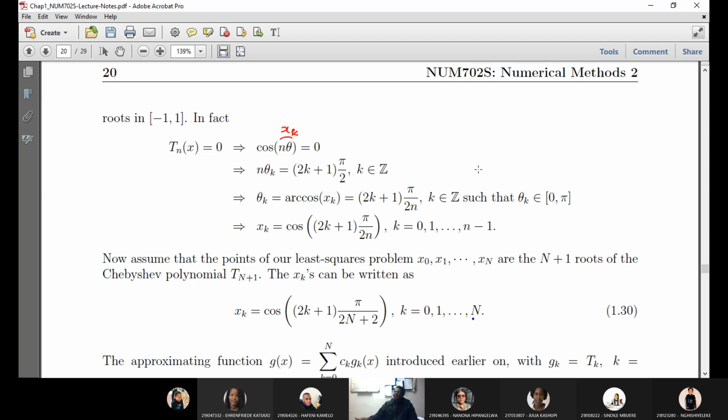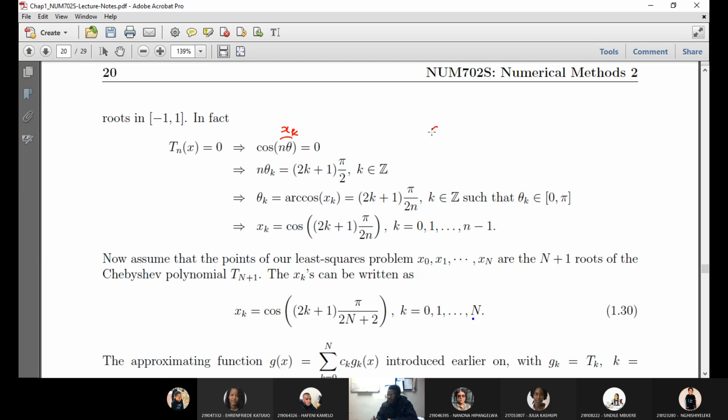Good. And then you divide that by n, which is this factor. Divide by n, then you get your theta k is given by this, right? Because I said that this is xk, right?